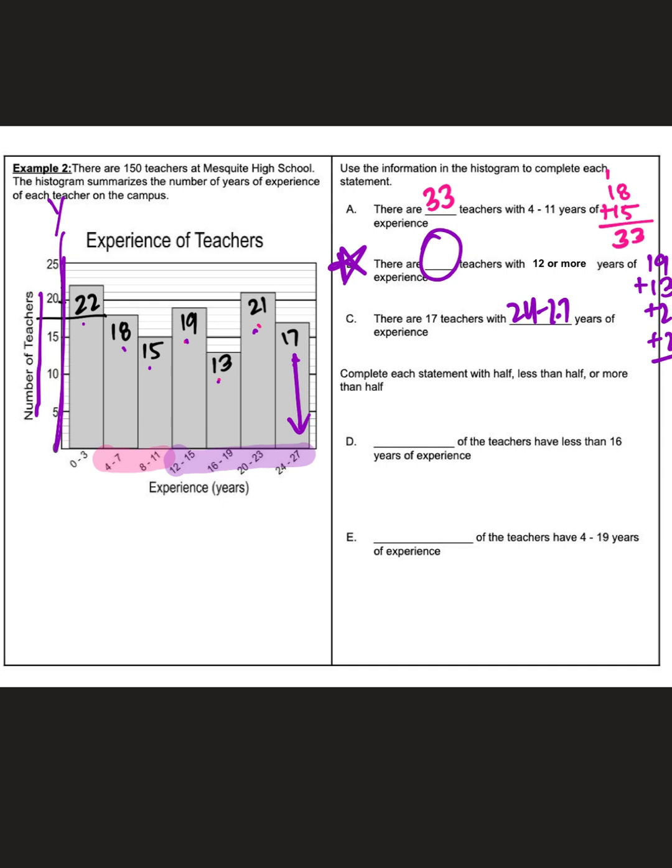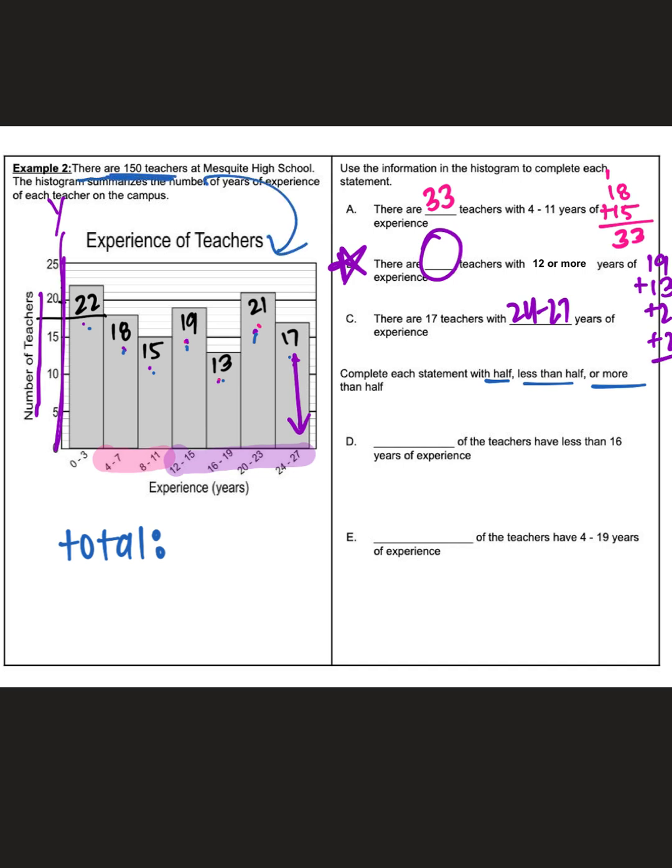All right, let's move through this one a little bit faster. We've got to complete the statement with half, less than half, or more than half. Well, recently we've been talking about half, right? But we've been telling you that before you find the half, you need to know the total. Now you're probably thinking, oh, I have to add up all these numbers. Absolutely, you would have to add up all those numbers to find the total. Or you could read the problem very carefully where it told us there are 150 teachers.